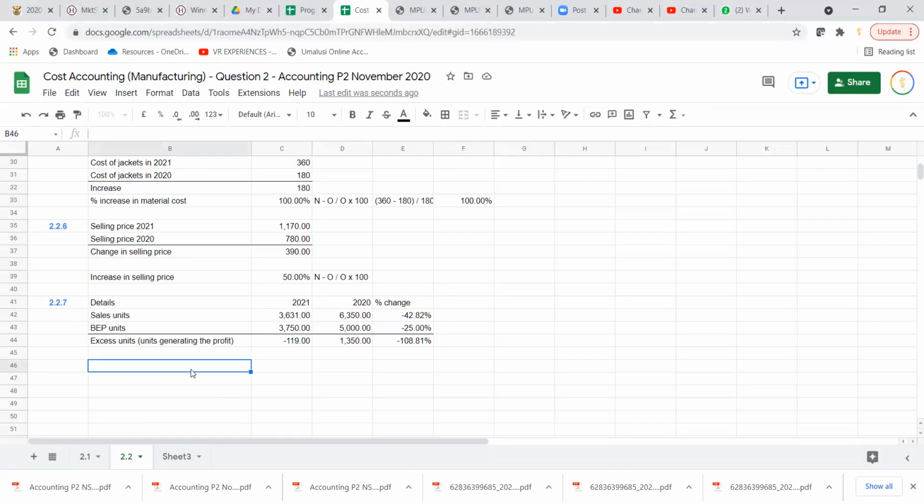So here we can say the increase in the selling price of the jackets caused sales units to decrease by 42.82%.